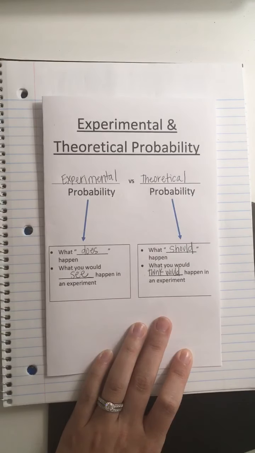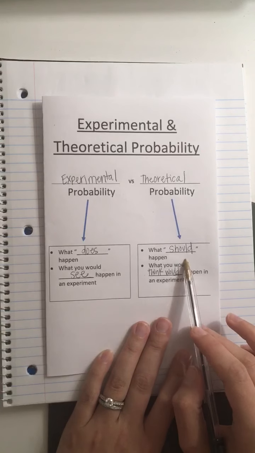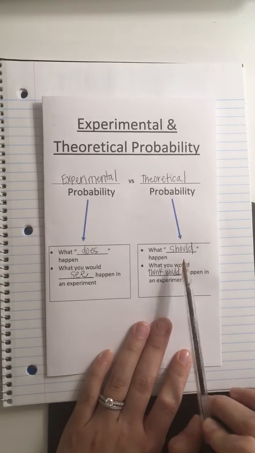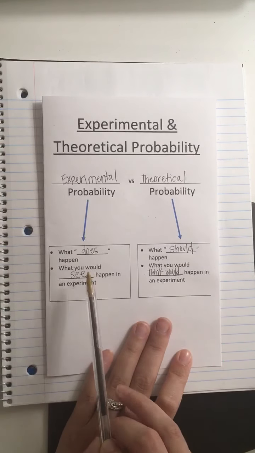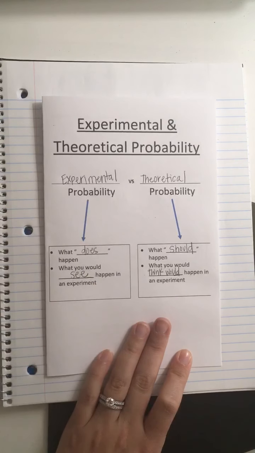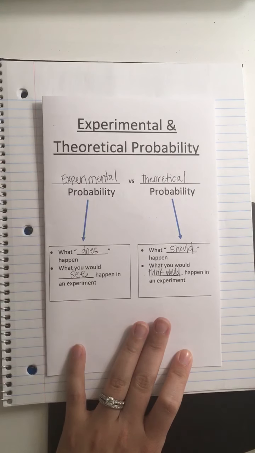Before you perform the experiment, you could think about what should happen. That is the theoretical probability, but if you actually do perform the experiment, then that would be experimental probability.